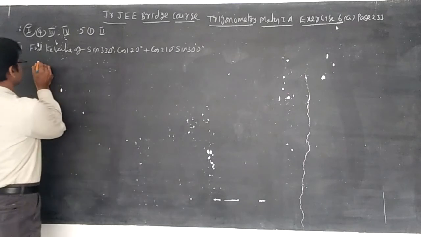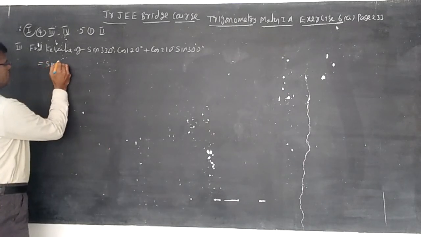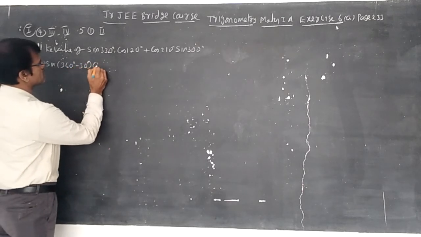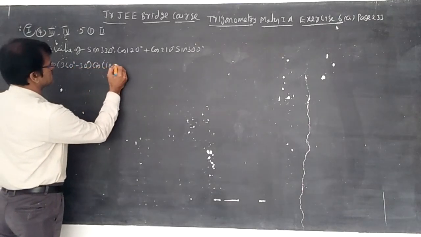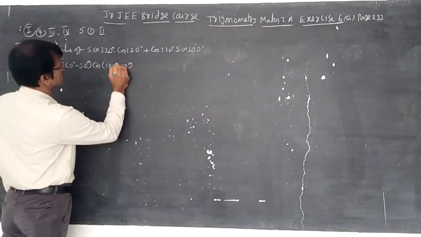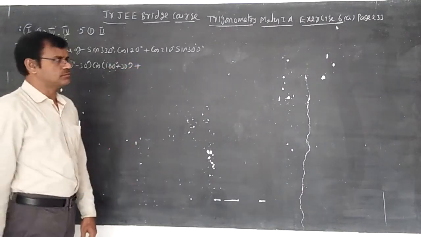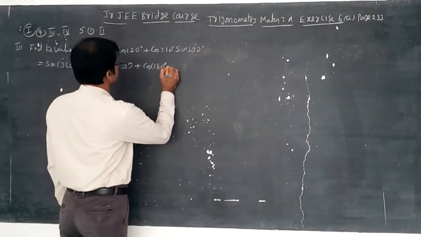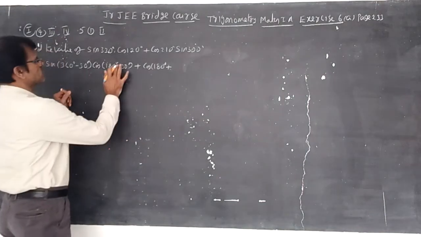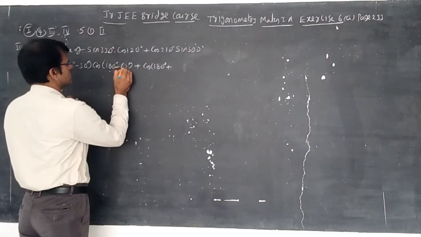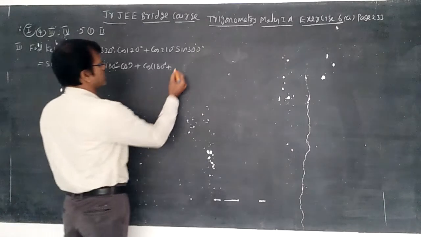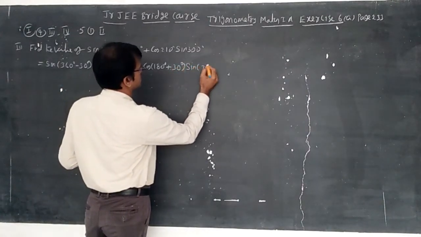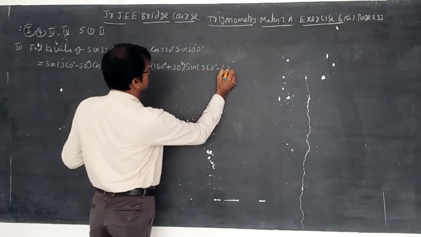We can write this as sin of 360 degrees minus 30 degrees into cos of 180 minus 60 degrees, plus cos of 180 plus 30 degrees into sin of 360 minus 60 degrees. Here 120 is 180 minus 60.